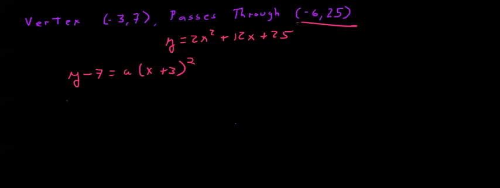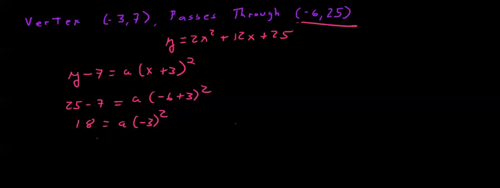I plug this point in, so I have 25 minus 7 equals a times negative 6 plus 3, quantity squared. 18 equals a times negative 3 squared, or 18 equals a times 9, divide by 9, a is equal to 2.